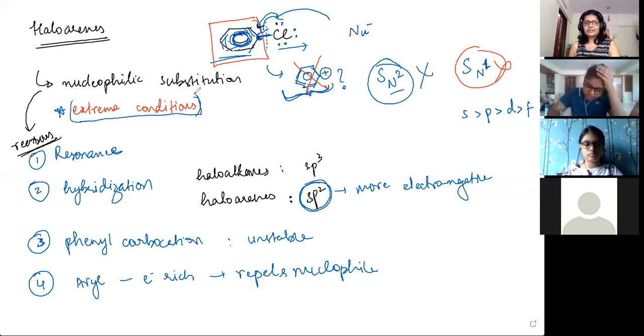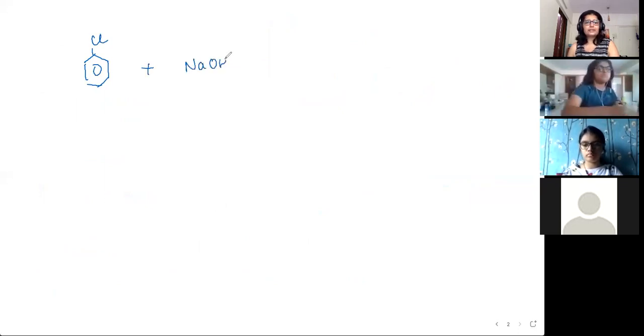The one reaction that does tend to happen is when you have no other option. Say benzene is short of supply and you only have chlorobenzene, and you need to prepare phenol. You take the chlorobenzene and treat it with a very strong base, NaOH, which is one of the strongest bases in chemistry. NaOH and KOH are extremely strong.